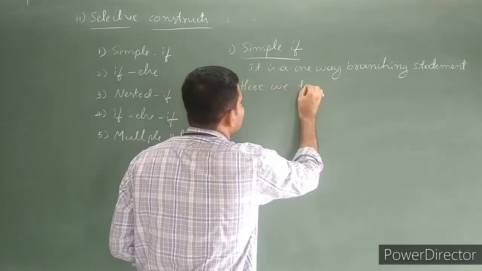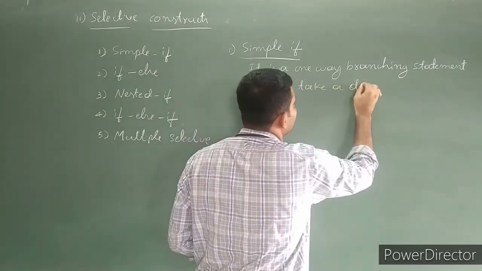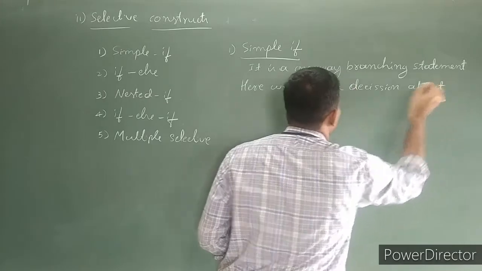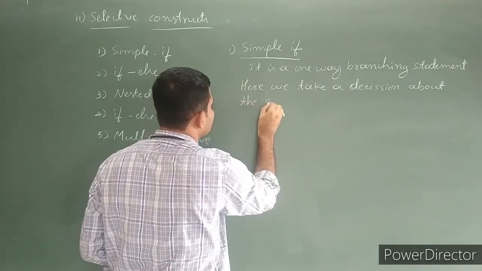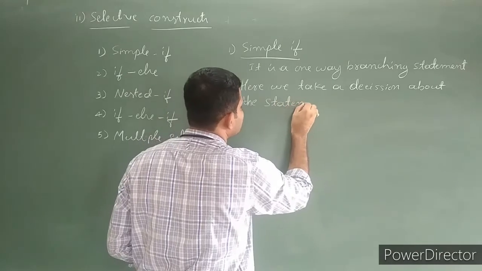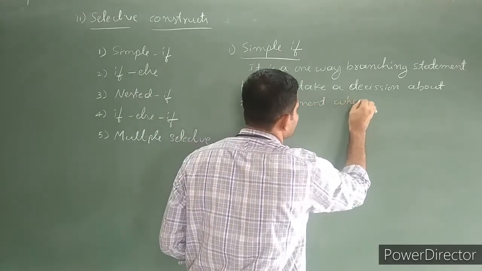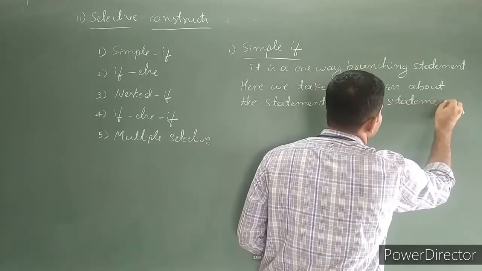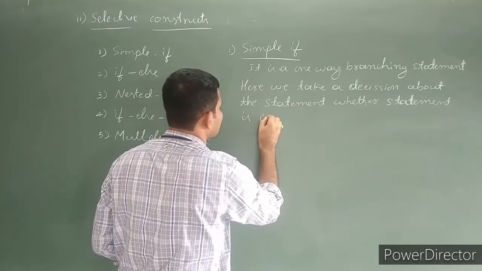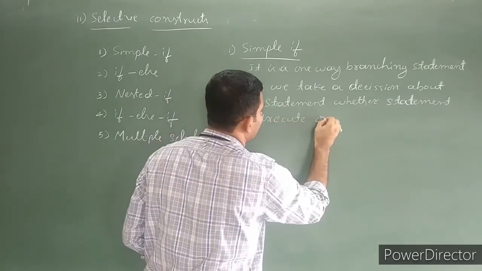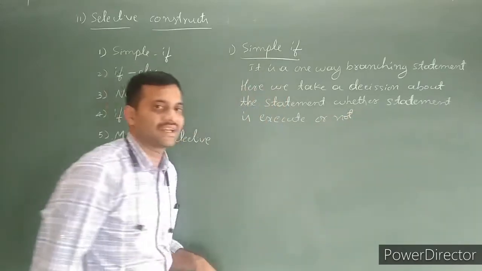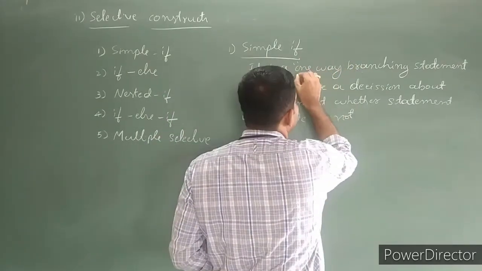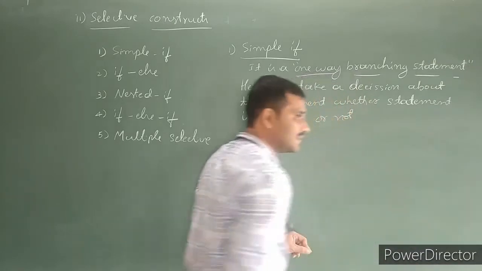Here we take a decision about the statement, whether the statement is executed or not. So hence it is a one-way branching statement.